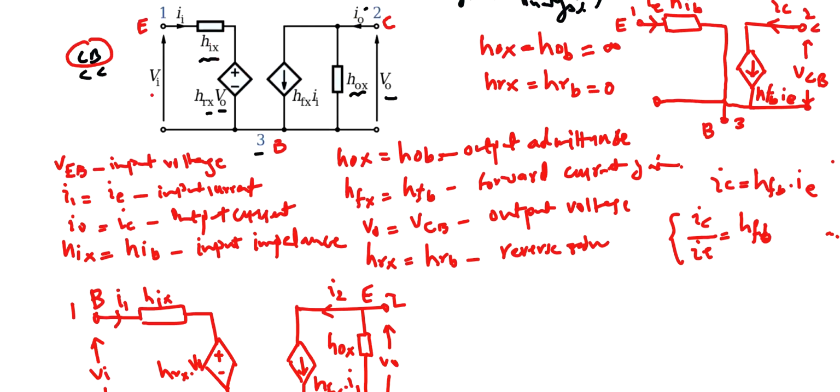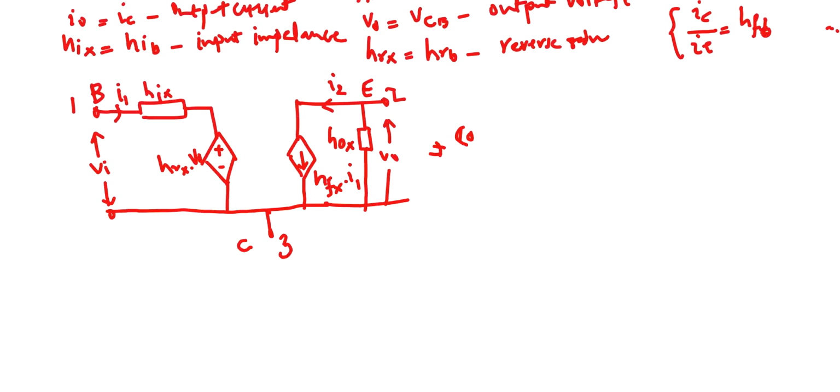Common collector. So CC. And now what you see here is your input voltage VI is your VBC. That is your input voltage, right? Then your input current II is your IB.